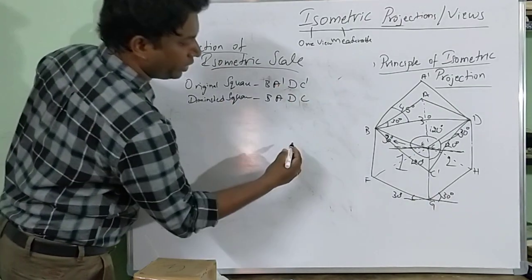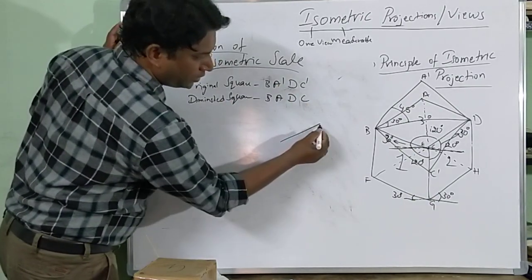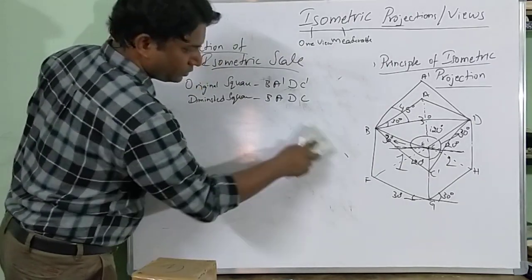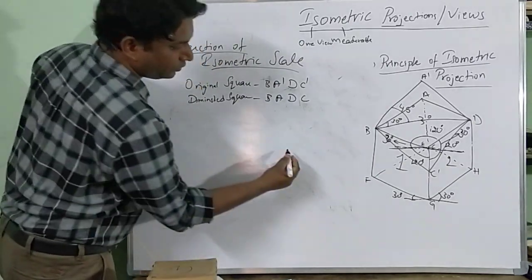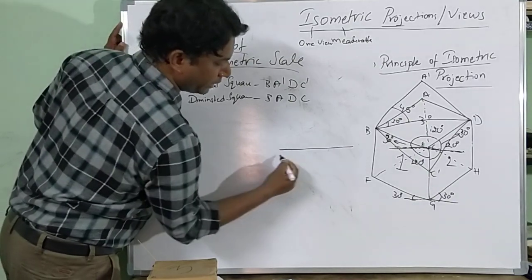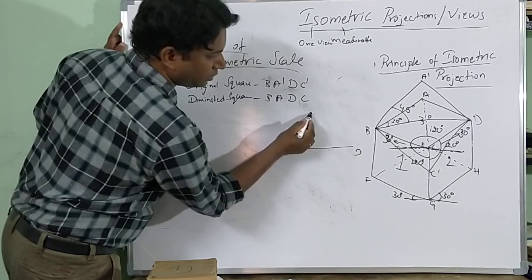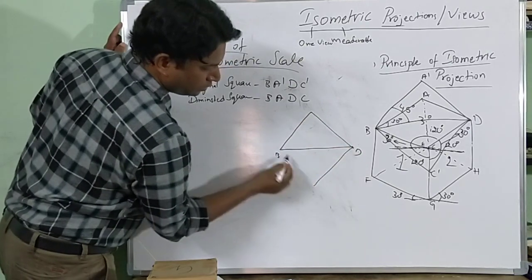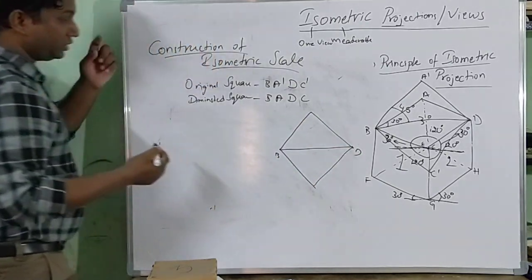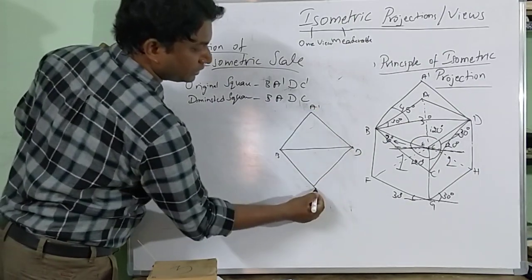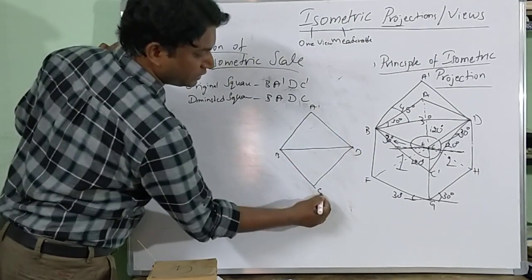If I have to draw it separately, let me draw like this. This is the BD diagonal. This is the original square, B A dash D C dash.